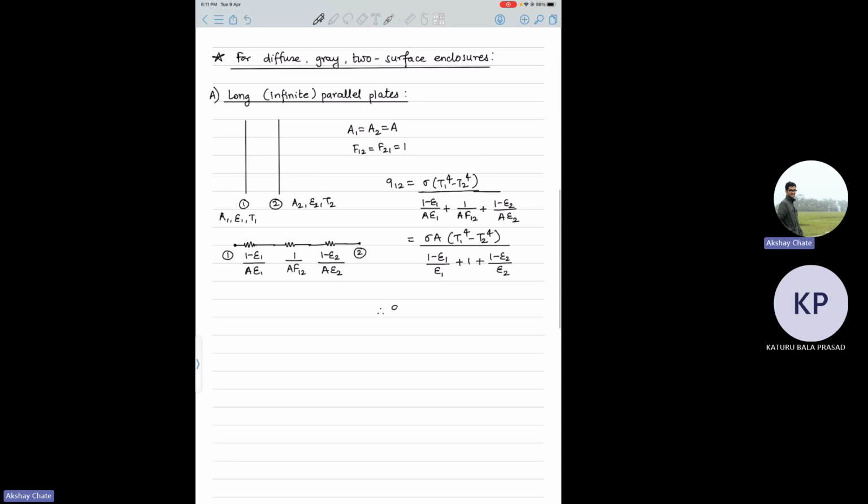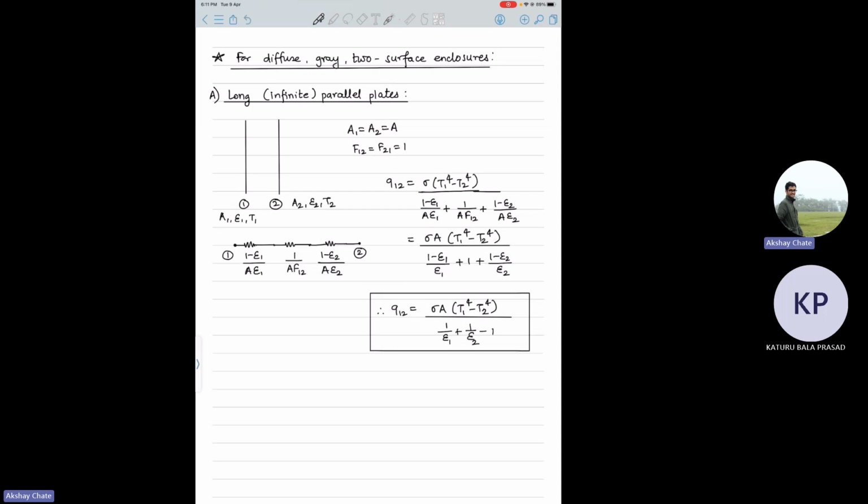And if you simplify further, the numerator remains the same, and the denominator simplifies to 1 by epsilon 1 plus 1 by epsilon 2 minus 1. This is a standard result. You should remember this because we will use this in our discussion on radiation shields also.